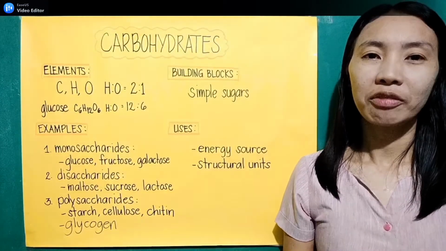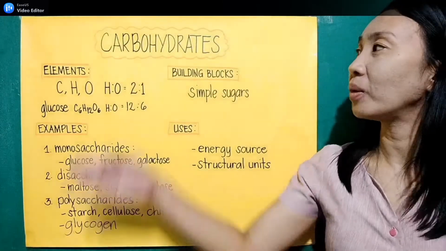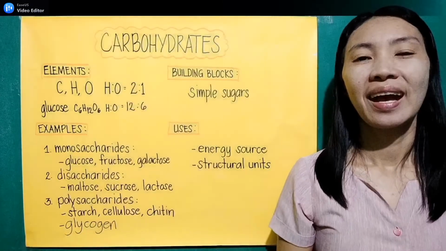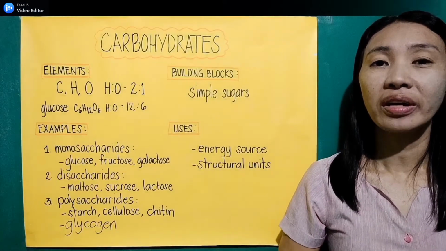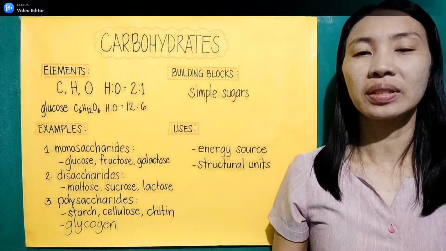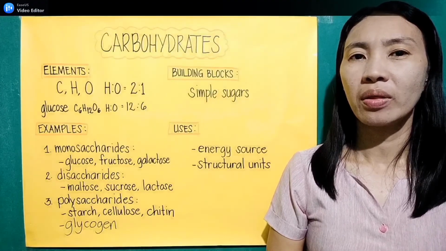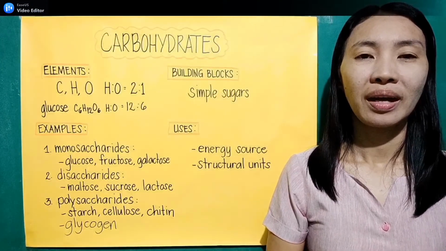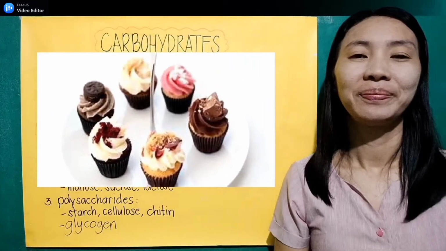The first type of organic compound that we're going to be talking about are the carbohydrates. I start with carbohydrates because carbohydrates are the largest class of organic compounds found in organisms. You've probably heard that word before. And what do you think of when you hear the word carbohydrates?